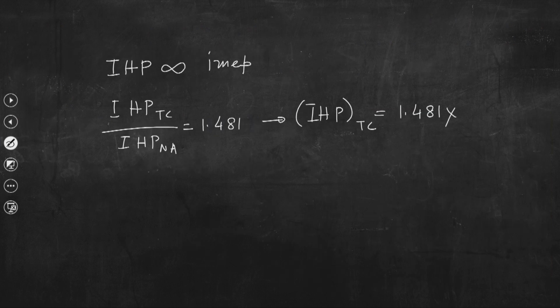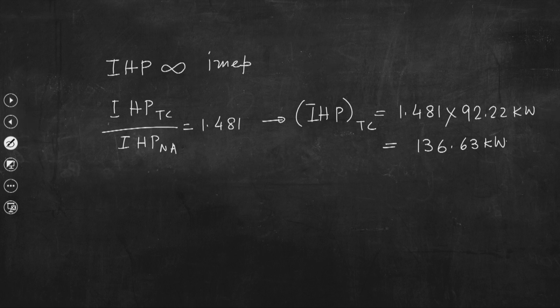So, 1.481 times 92.22 kilowatt, and the answer is 136.63 kilowatt, that is the indicated horsepower of the turbocharged engine.